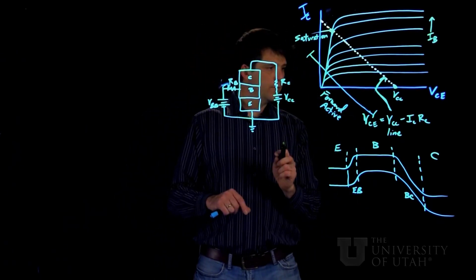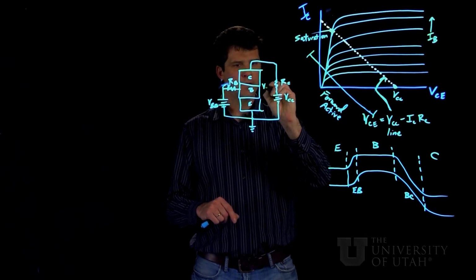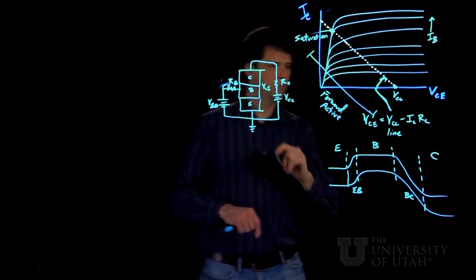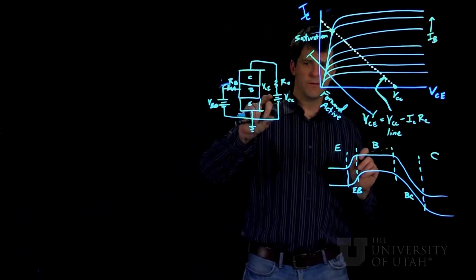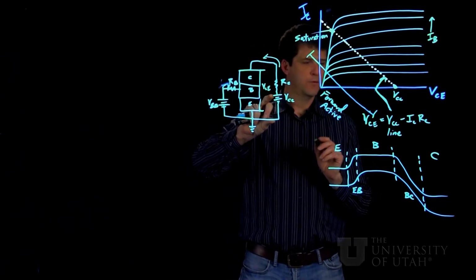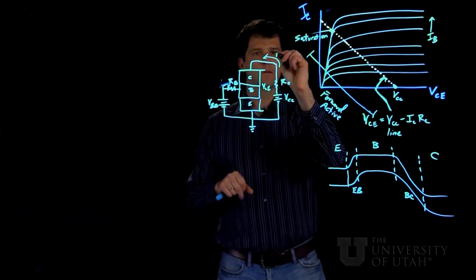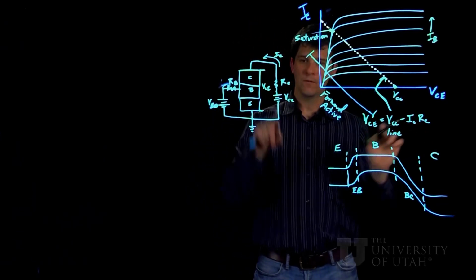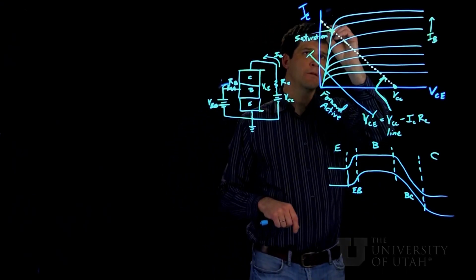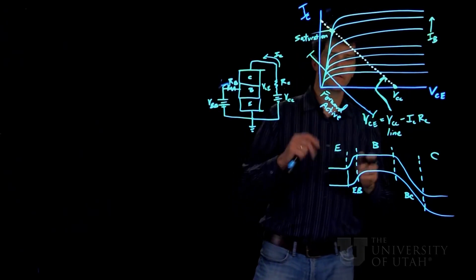So if we define this as our voltage all the way across the device from the collector to the emitter, we can see that it's going to be equal to VCC minus the IC current running through this resistor here. And so that gives us this load line on the IV diagram.